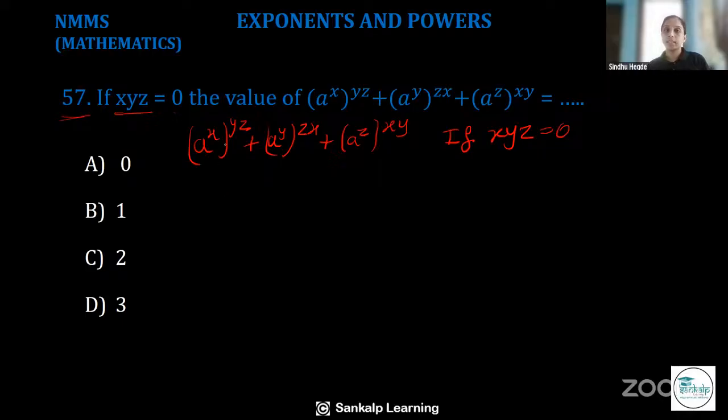A raised to x into yz becomes a raised to x into y into z, because in the form of (a raised to m) raised to n, it is a raised to m into n. Similarly here also. Plus, come to second, (a raised to y) whole raised to zx is also a raised to x into y into z. Plus, (a raised to z) whole raised to xy is a raised to x into y into z.